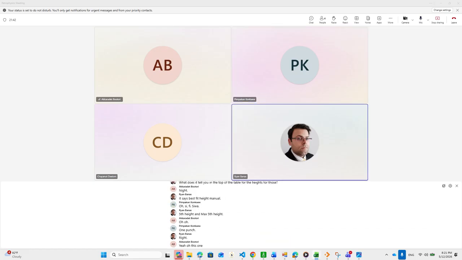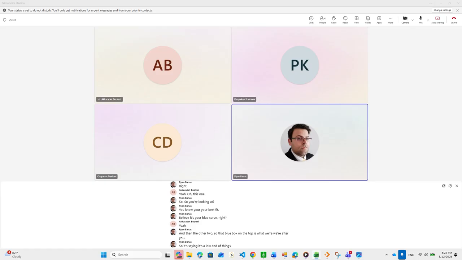So your best fit, I believe, is your blue curve. And then the other two, so that blue box on the top is what we're after. So it's saying at the low end of things, we're 75 feet. On the high end of things, we're 200 feet, and the manual in between, the average is about 145.